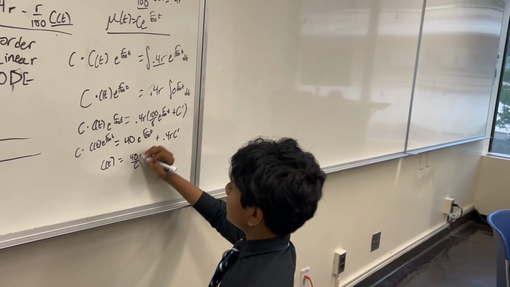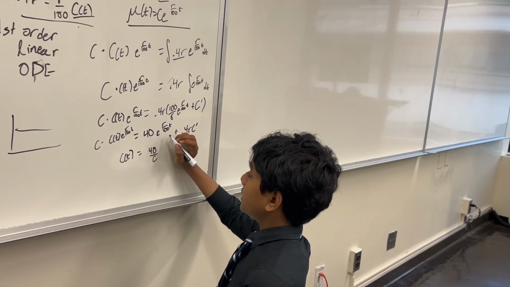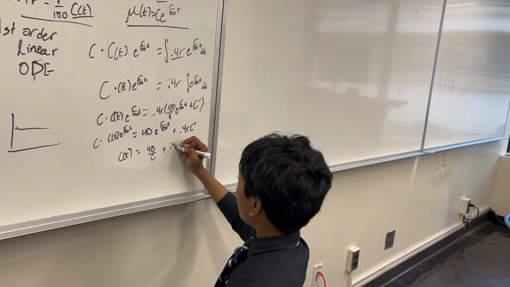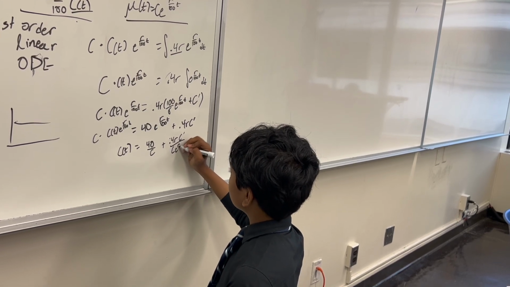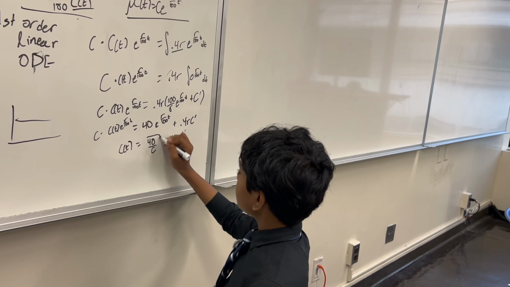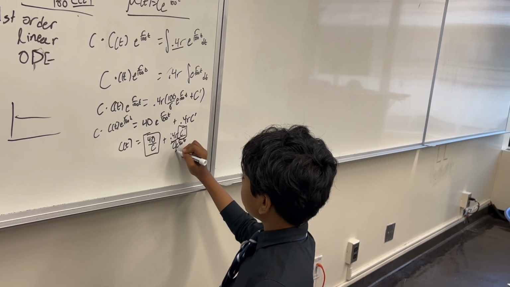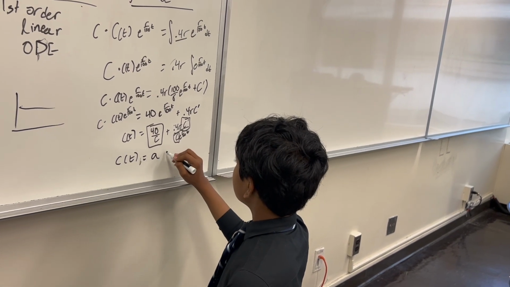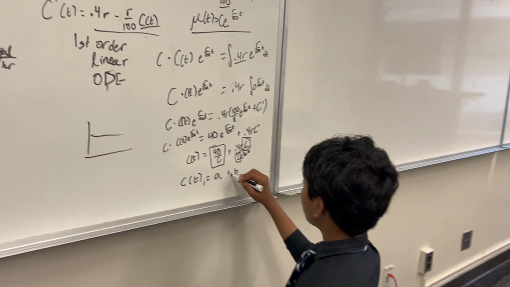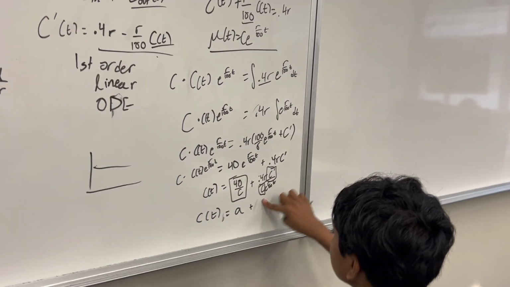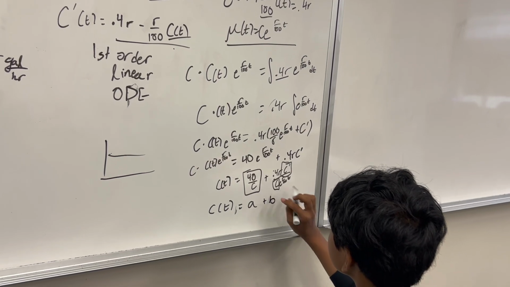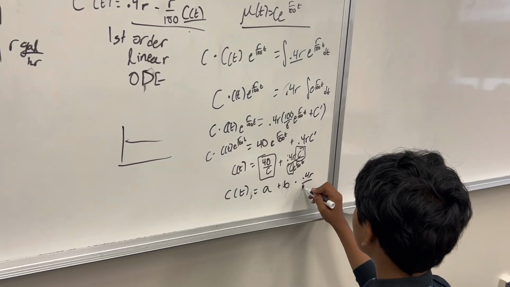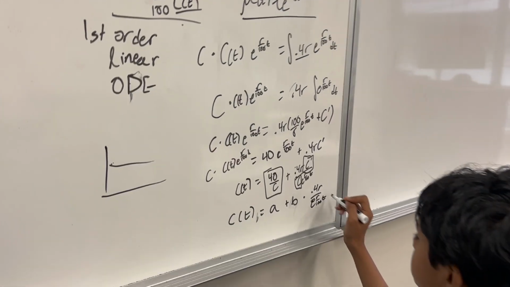We get 40 over c, dividing by c times e to the r over 100 t, plus 0.4r c prime over c e to the r over 100 t. So this is a constant, and this is another different constant.